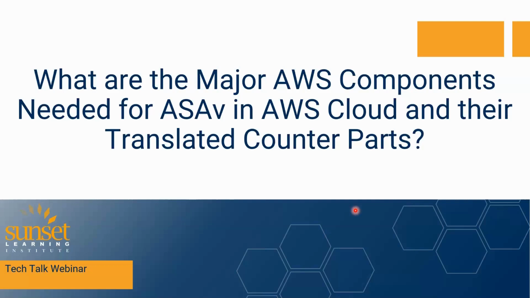And what are their translated counterparts? I want to throw it out there, folks, that I put in a couple more in here that are optional, but I wanted to make sure that if you were running through the configuration and it asks you, hey, you want to do a NAT gateway? I wanted to make sure you knew what that NAT gateway was in a Cisco deployment.